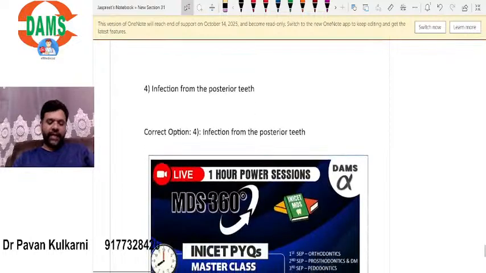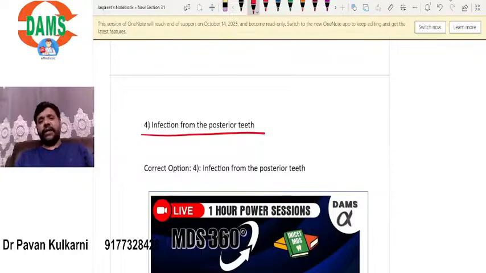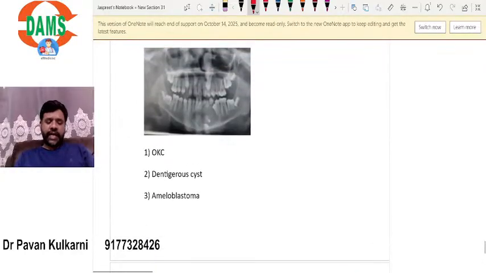Yes, all can be seen. Infection from a posterior tooth, no, you don't see such classical radiographic features in case of such an infection. This is again a classical radiolucent cyst that you can see in any of the first 2-3 options. Okay, so I hope all of you have understood this.